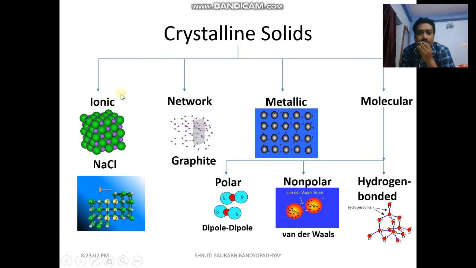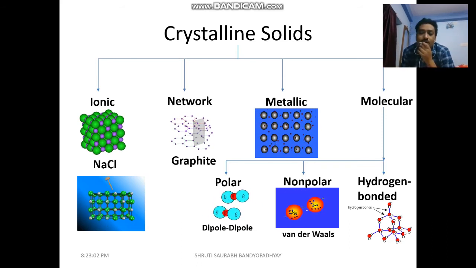Ionic solids, we know, are comprised of cations and anions. For example, the rock salt or table salt, sodium chloride, sodium cation and chloride anion. This one is sodium cation and this one is chloride anion. And we know that in ionic crystals, cations are surrounded by anions and anions are surrounded by cations.